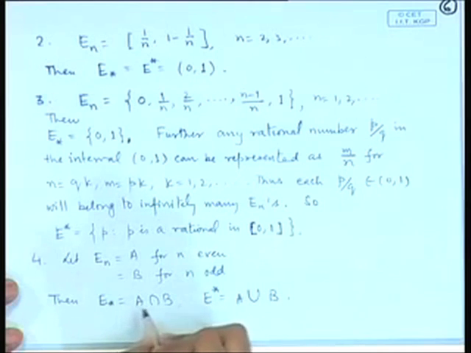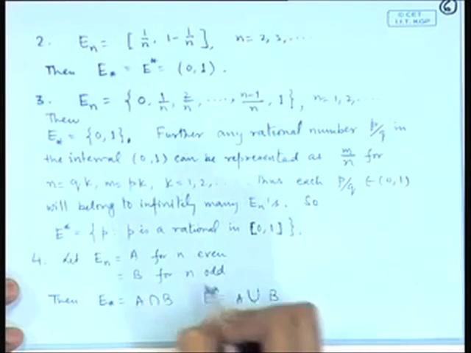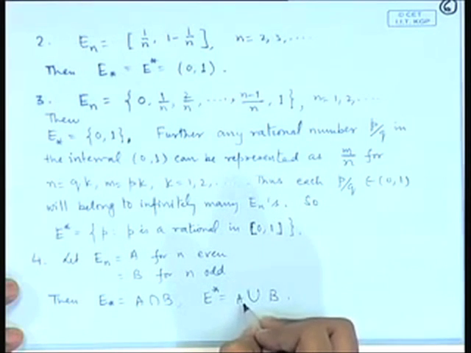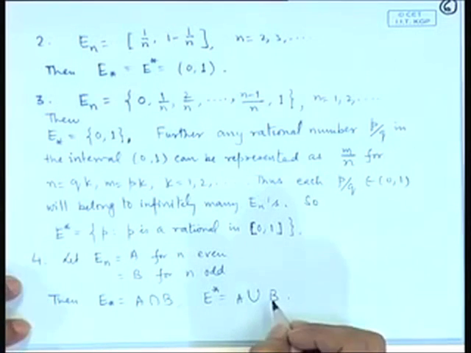Therefore, the only points which can belong to E lower star are those which are common to both A and B. On the other hand, any point which belongs to either A or B will be there in infinitely many sets, and therefore the E upper star will be A union B.